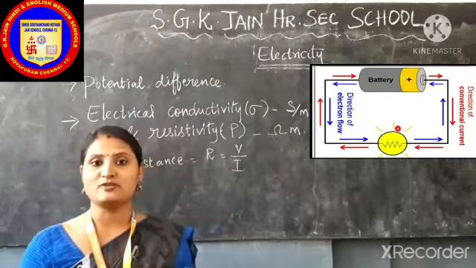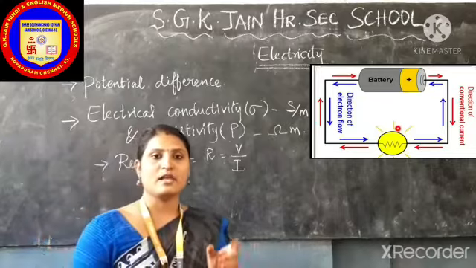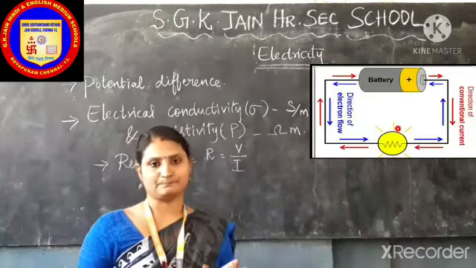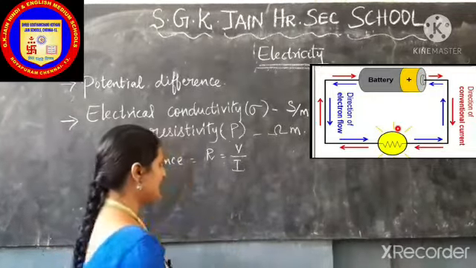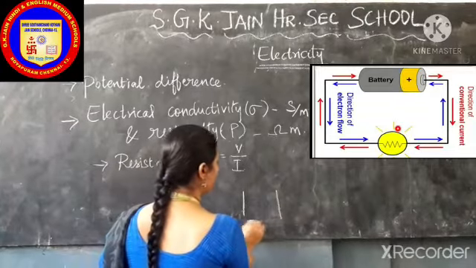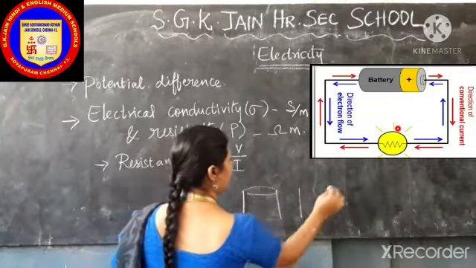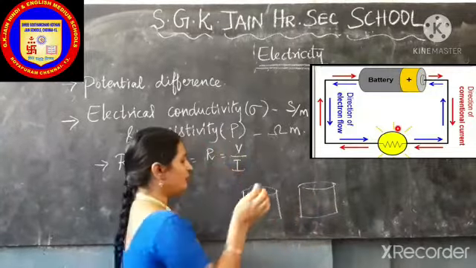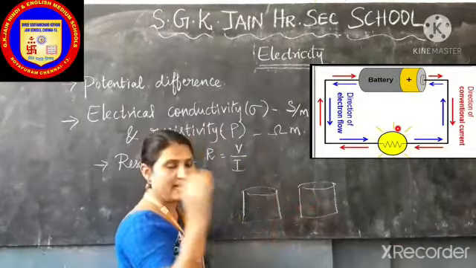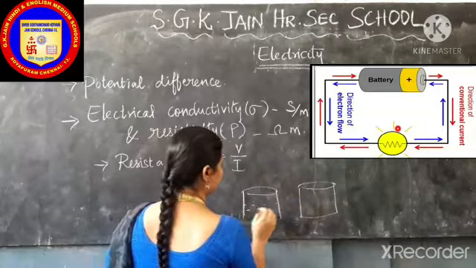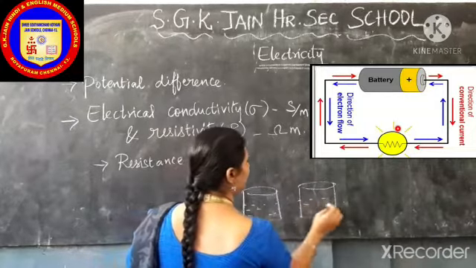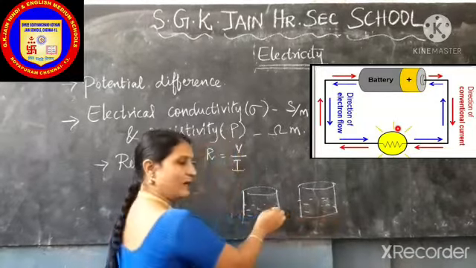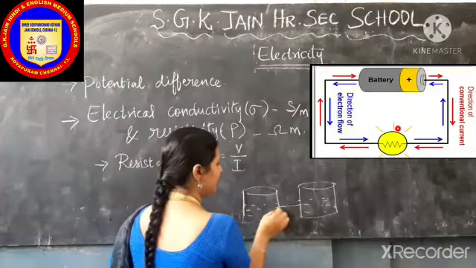What is potential difference? See, if you take a water pipe, consider these two containers. The water level of the two containers is equal. Then I connect the two containers with a pipe.